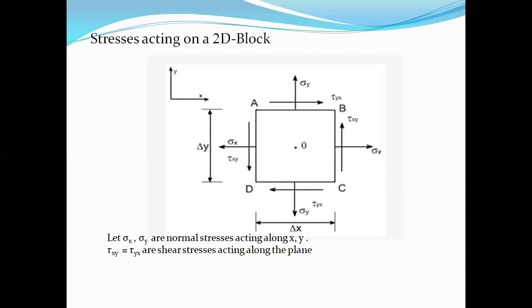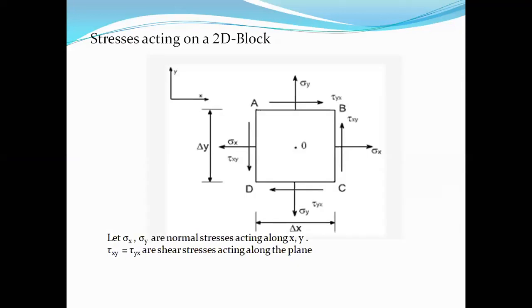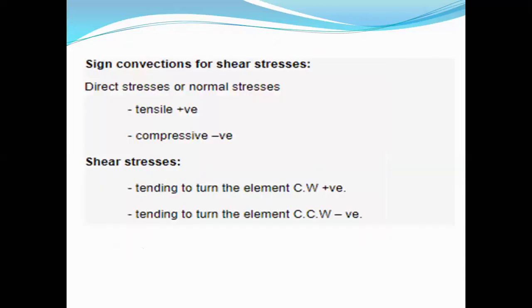Look at here, the sign convention for stresses. In the case of normal stress, stresses which are tensile in nature, that is, acting away from the body, are taken as positive, and normal stresses which are compressive in nature are taken as negative, because we'll be using these conventions in the upcoming lectures.